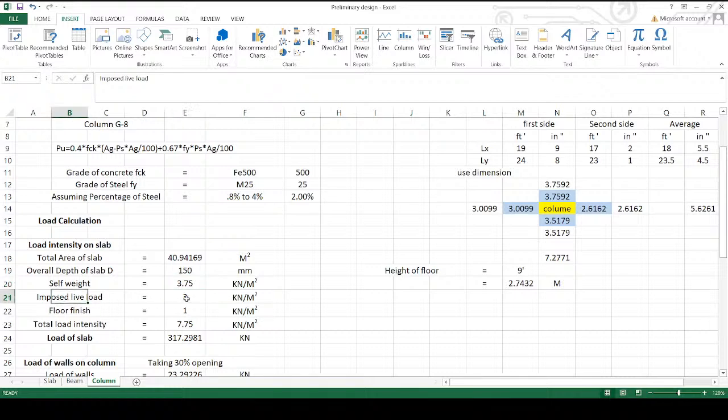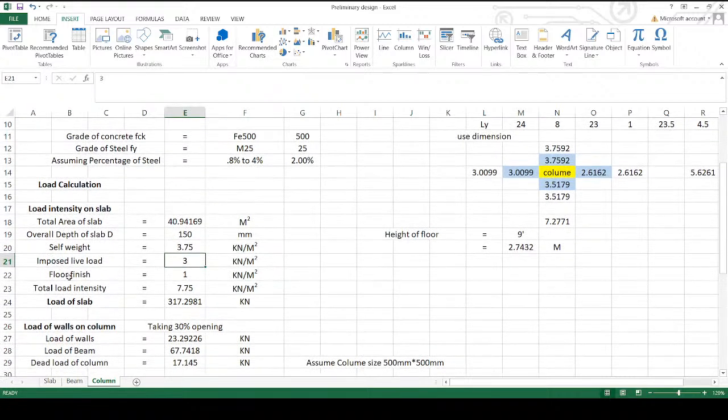The imposed live load is 3 kilonewton per meter square and the floor finish is 1 kilonewton per meter square.